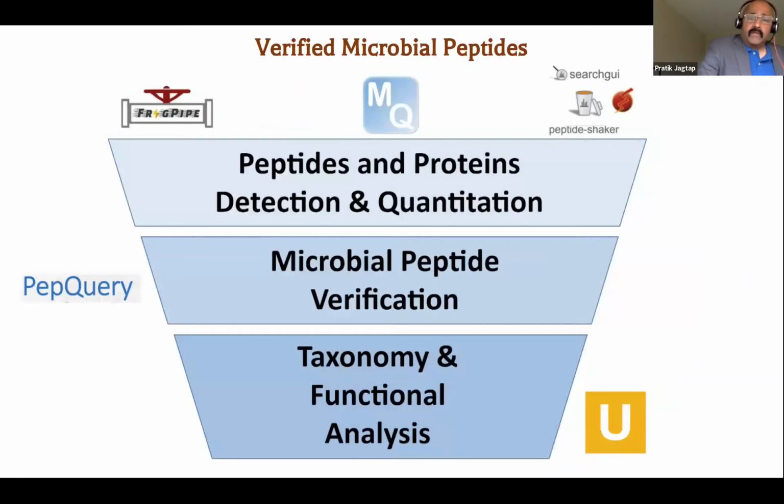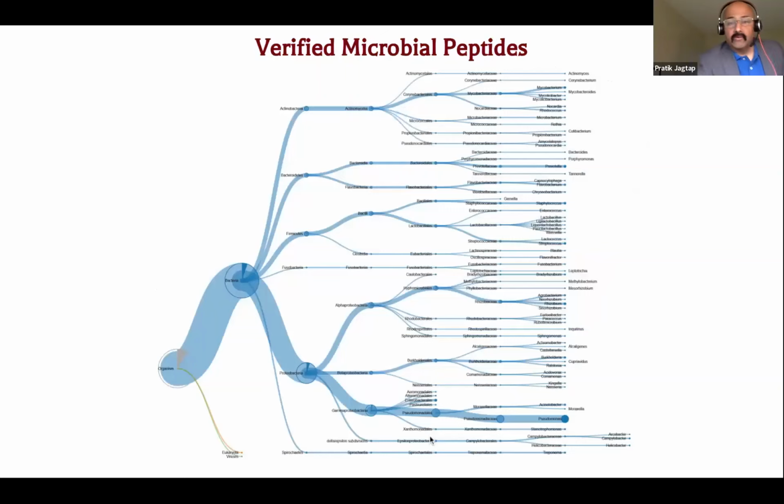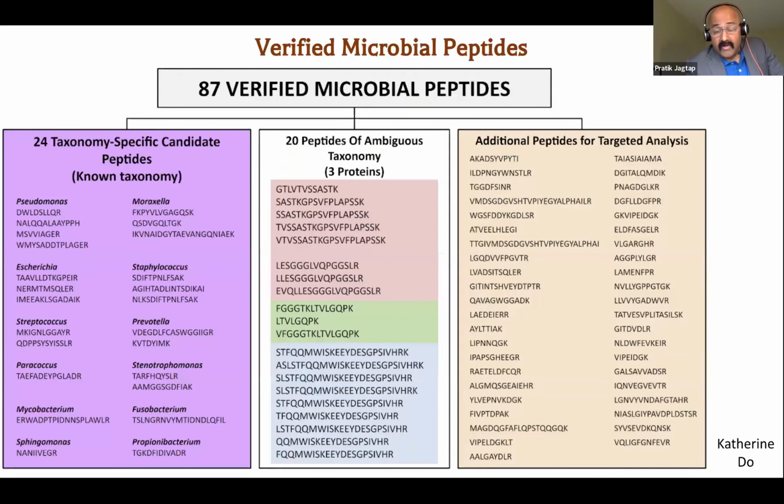So, using this method of multiple search algorithms, PepQuery, and then eventually using Unipept, which is used for taxonomy and functional analysis, we could bring it down to a list of verified microbial peptides, which still gives us a pretty complex taxonomic tree.